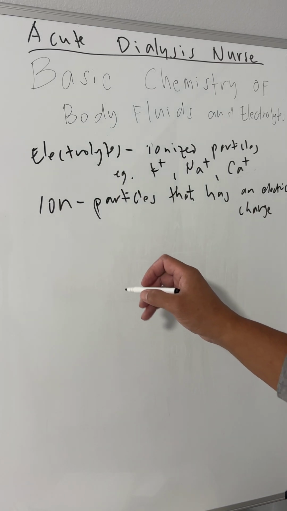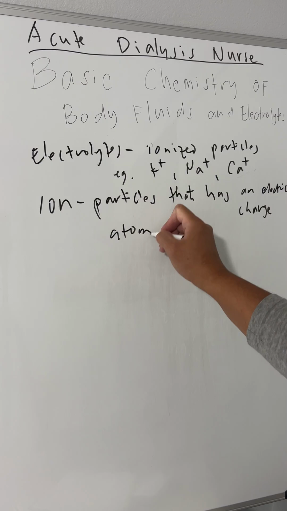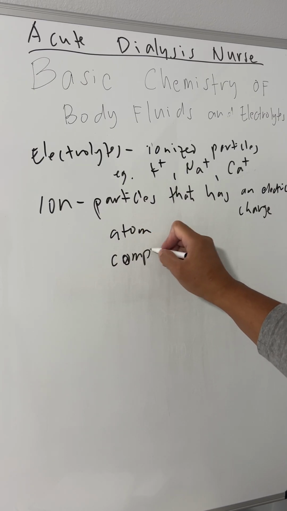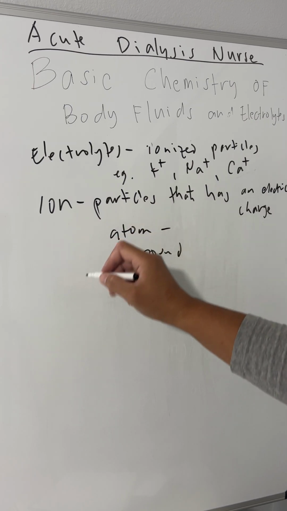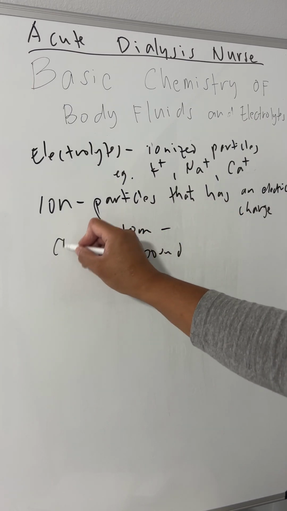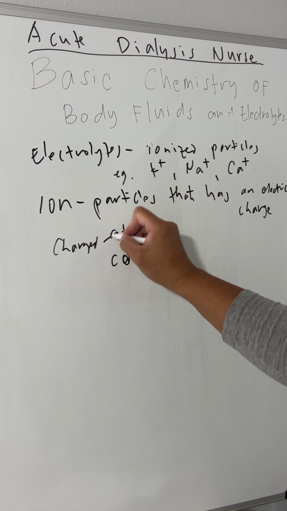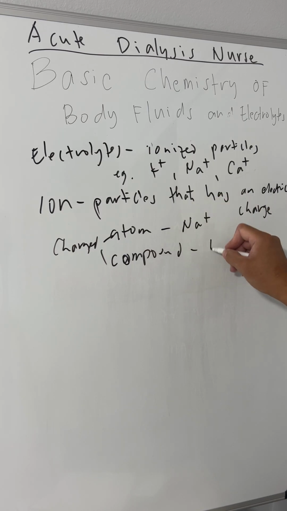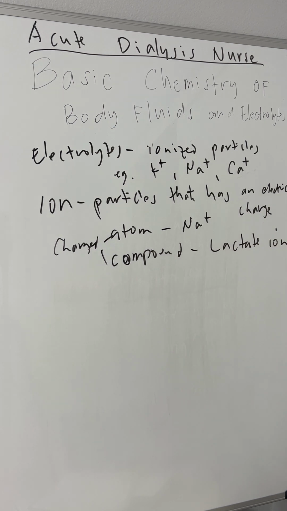Now, they can be an atom, a charged atom, or a charged compound. A charged atom example is sodium, and an example of a charged compound is the lactate ion.